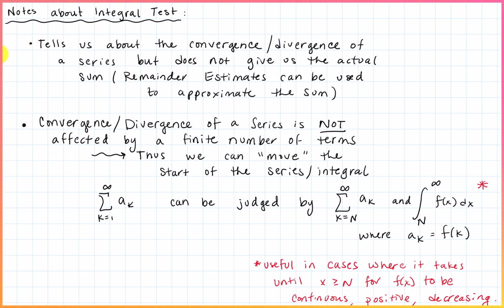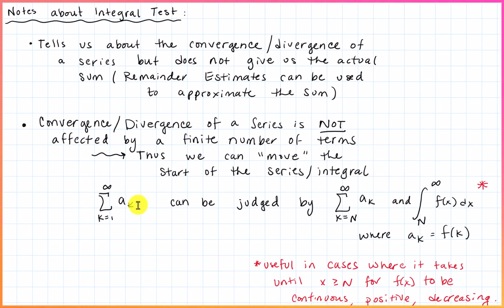Okay, so one other note. The first one we've already discussed, that was in the comments of the actual test itself, and I just talked about that. But the convergence of a series is not actually affected by a finite number of terms. So basically what that's telling us is that we can move the start of the series or the start of the integral if needed.